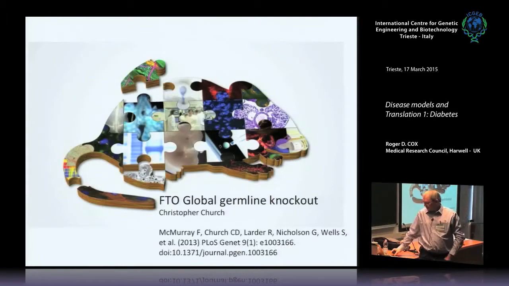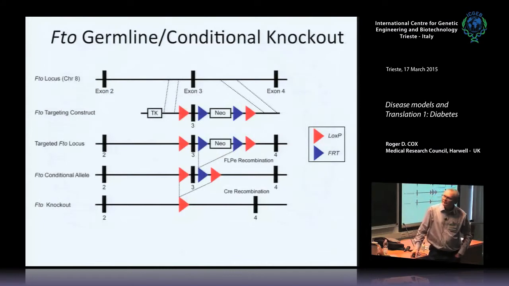So this is the FTO global germline knockout, which was worked on by Chris Church, a student in my lab, and Fiona McMurray, also a student. This shows the FTO locus, exons 2, 3, and 4 of the locus. Chris targeted this locus and inserted loxP sites either side of exon 3 so that we could delete exon 3 using a Cre recombinase.